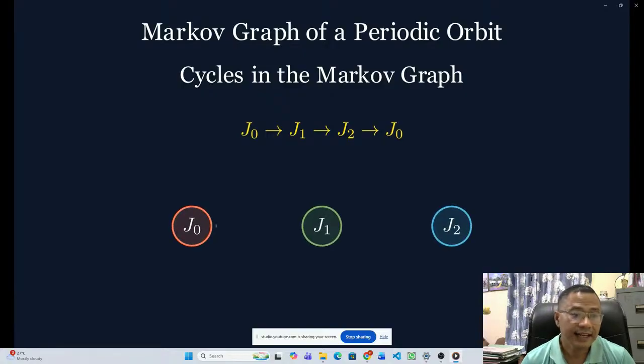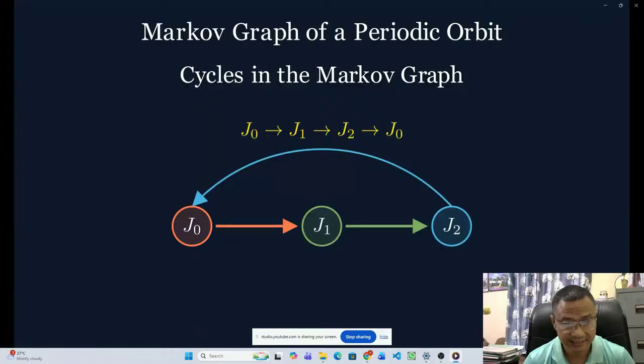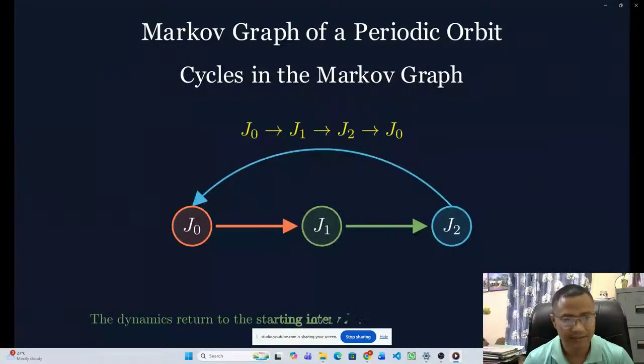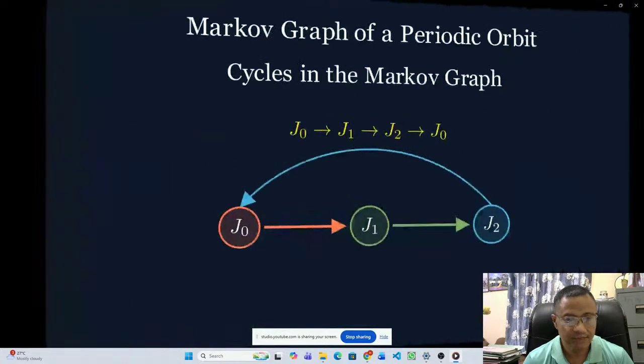A cycle in a Markov graph is a closed path starting from a vertex, moving along edges and ending at the same vertex. It has 2 representations. One is the chain representation, J0, J1, J2, J0. And the other one is the graphical representation, which is shown below.